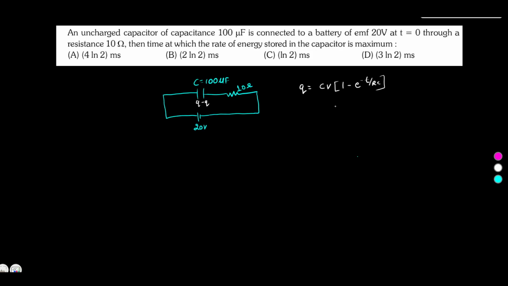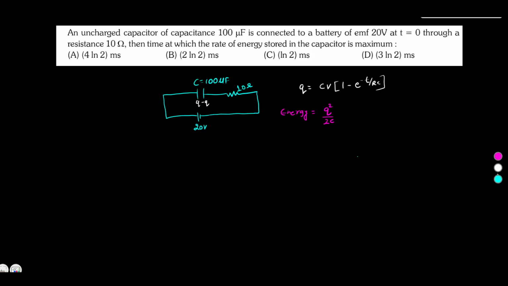So this is the charge on the capacitor. Now the energy is Q square by 2C. When the charge is known, we can write the energy in this form. Here the capacitance is constant.